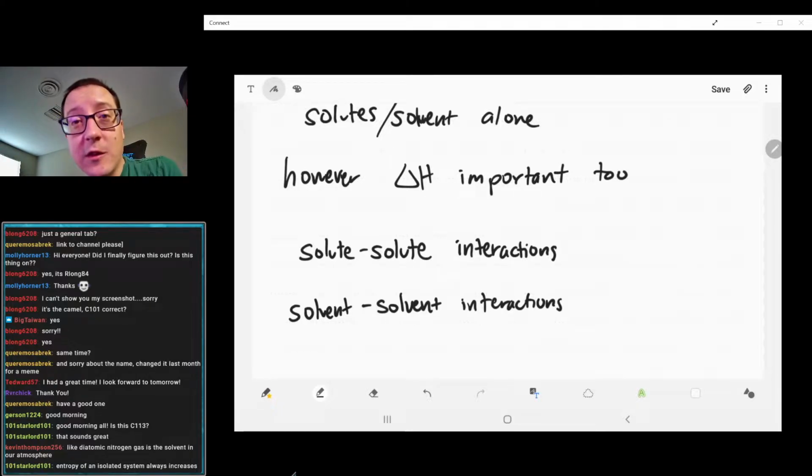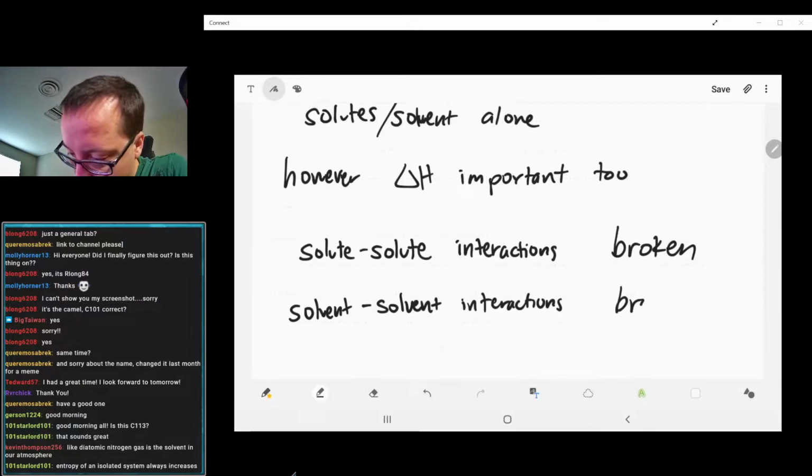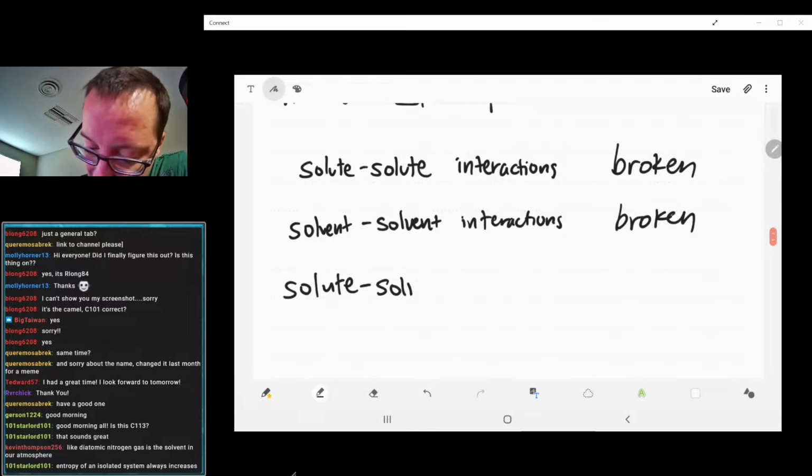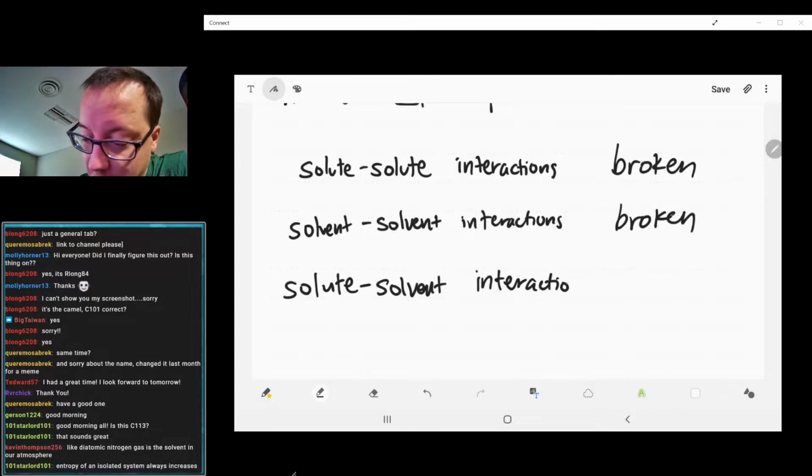If we want our salt crystal to dissolve, we're going to have to break those ionic bonds, right? We're going to need to pull the sodium away from the chloride, or vice versa. And we're going to have to therefore break hydrogen bonds in between water molecules by throwing in new things, making new intermolecular forces. And we are going to therefore form interactions between the solute and solvent.